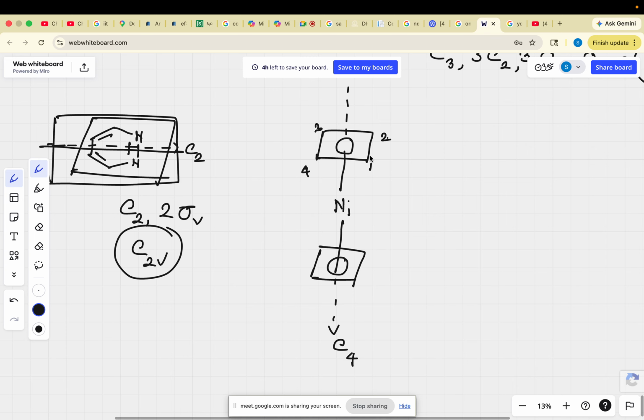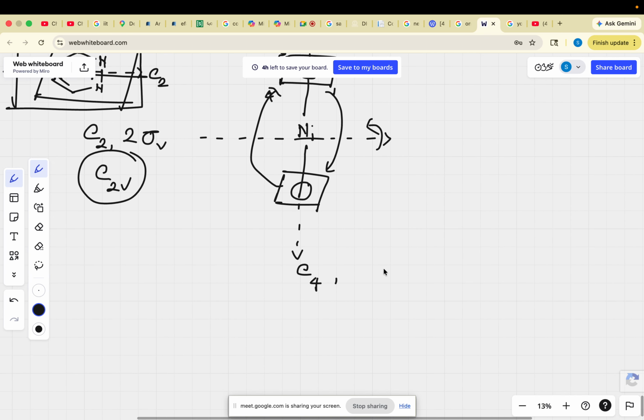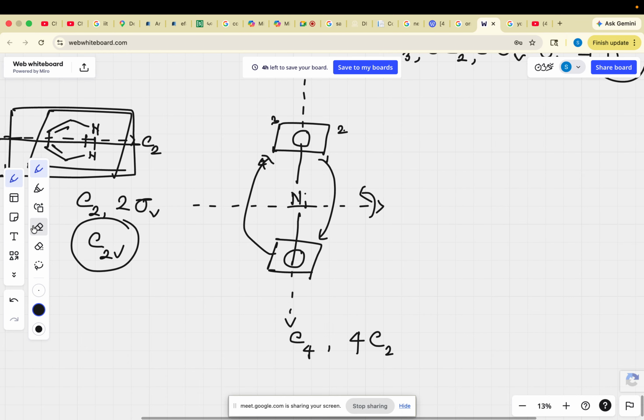Now what about C2? C2 is also present. Suppose I place one C2 axis here and rotate the molecule by 180 degrees. These two cyclobutadiene rings will change their position. This will go to here, this will come to here. If you are able to find one C2, ultimately you will have 4 C2.